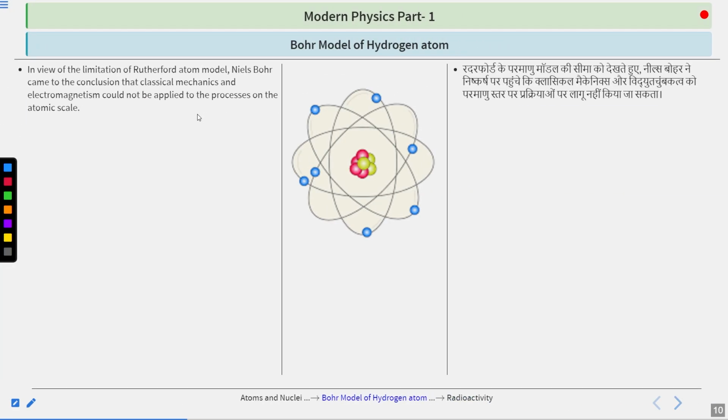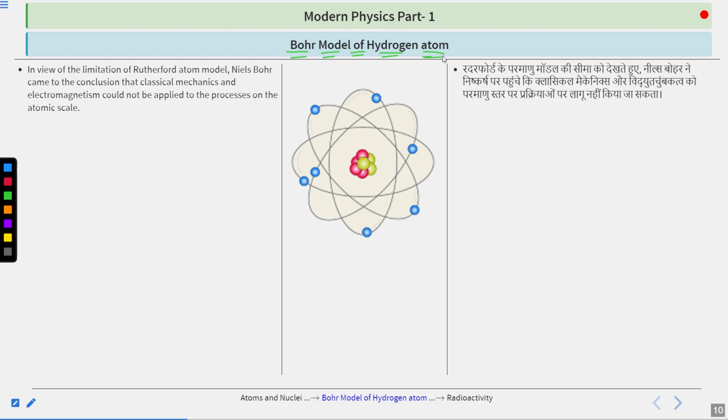Now, what is the Bohr atomic model? Basically, it is also known as the Bohr model of hydrogen atom. So in view of the limitations of Rutherford atomic model, Niels Bohr came to the conclusion that classical mechanics and electromagnetism could not be applied to processes on the atomic scale.